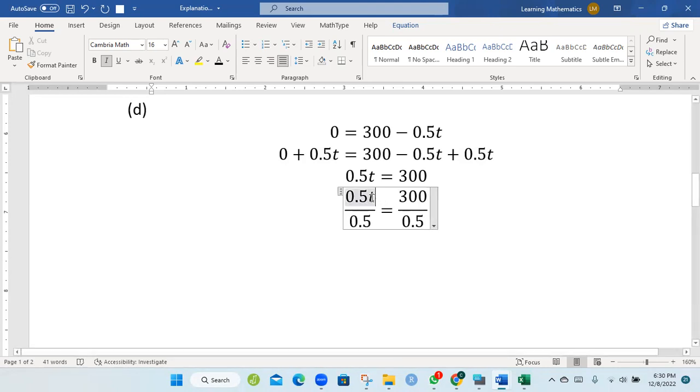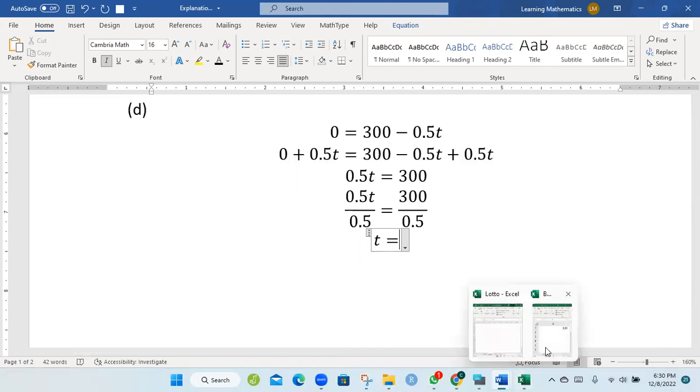Then we are going to find what is t. So t now, because 0.5 is going to cancel out from the left, t is equal to 300 divided by 0.5. If you divide by 0.5, it is the same as multiplying by 2. Or you can just calculate it in your calculator. 300 divided by 0.5 is supposed to give us 600.